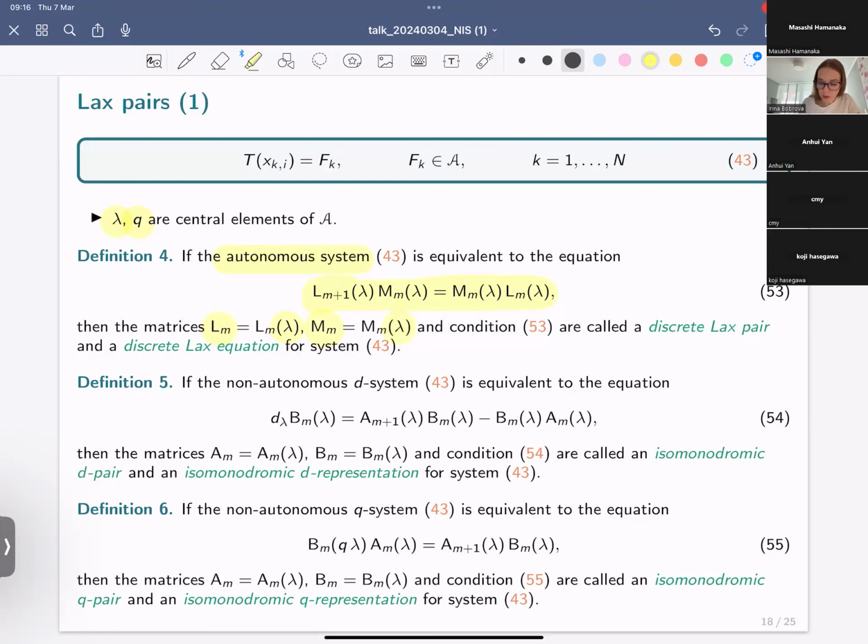If this equation 53 is equivalent to our autonomous system 43, then we will call these two matrices, L and M, a discrete Lax pair for our system, and equation 53 is then a discrete Lax equation for our system 43. So this is just a discrete analog of the Lax equation in the non-commutative case.